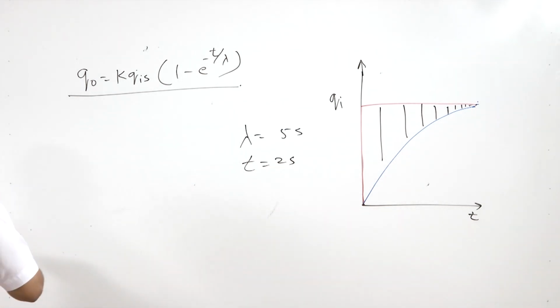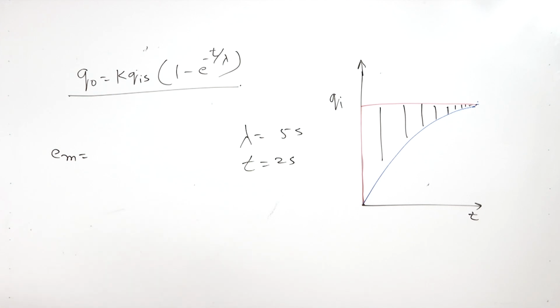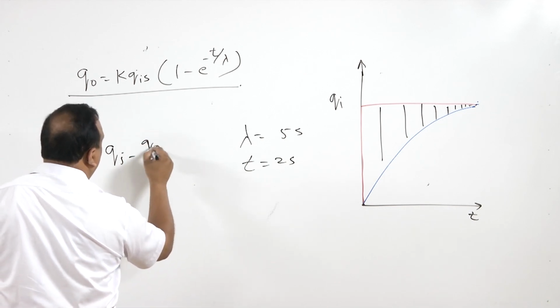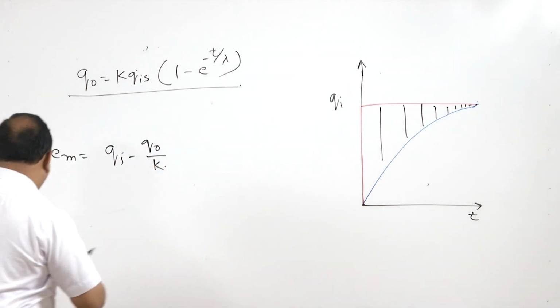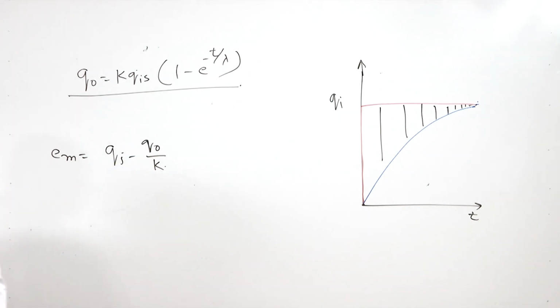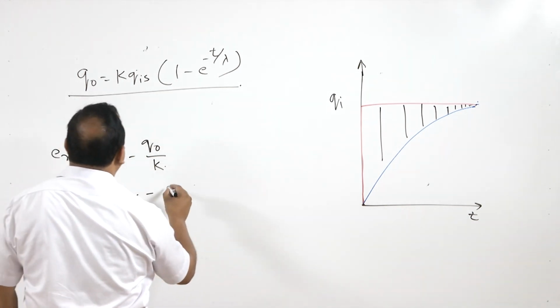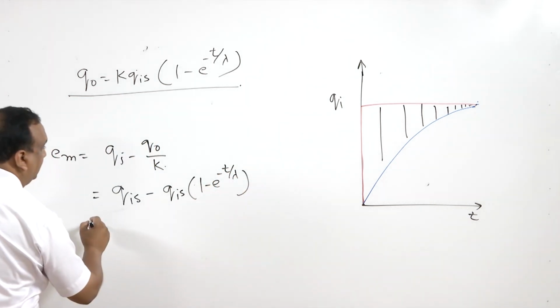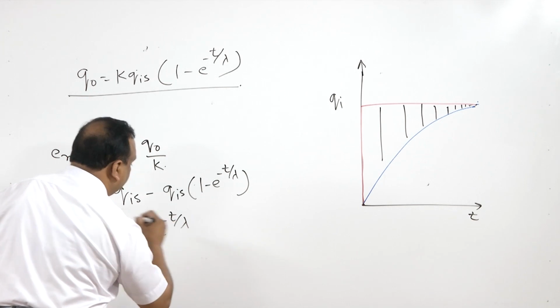So in order to find the error in the measurement, E_M for the dynamic response is (Q_I minus Q_O) upon K. That is, input minus the input we are getting from here, Q_O by K. And this will lead to Q_IS minus Q_IS times 1 minus e raised to power minus t by lambda, and it is going to be equal to Q_IS e raised to power minus t by lambda.